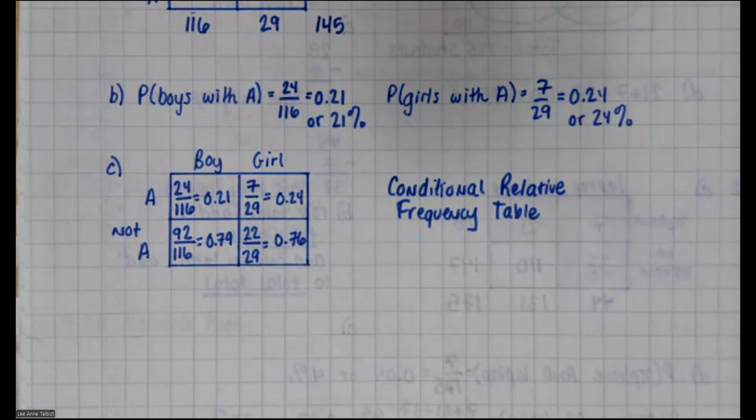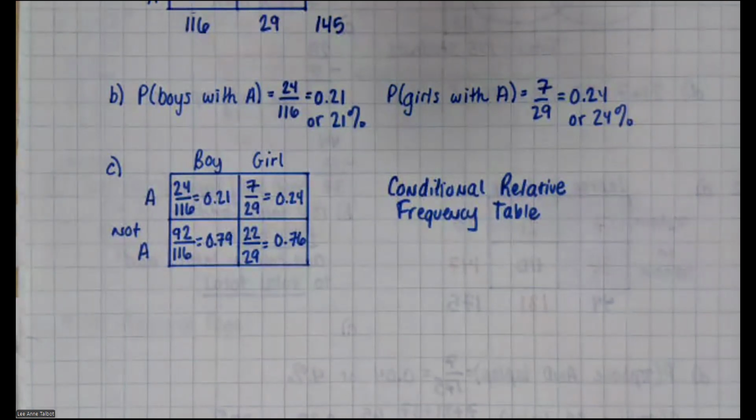It allows us to compare the two variables to see if they're related in any way. If these were matching across, you could tell that there was the same probability of it happening, so they were not associated with each other. Do you guys notice that the girls have a little bit more percentage of A's than boys? Just a little bit. Okay, so we would call this weakly associated.